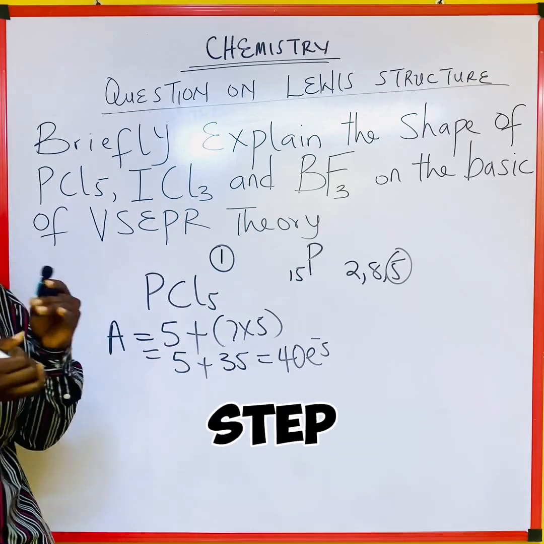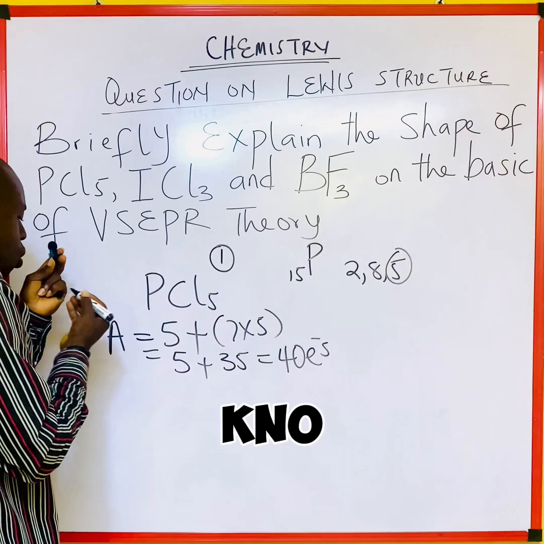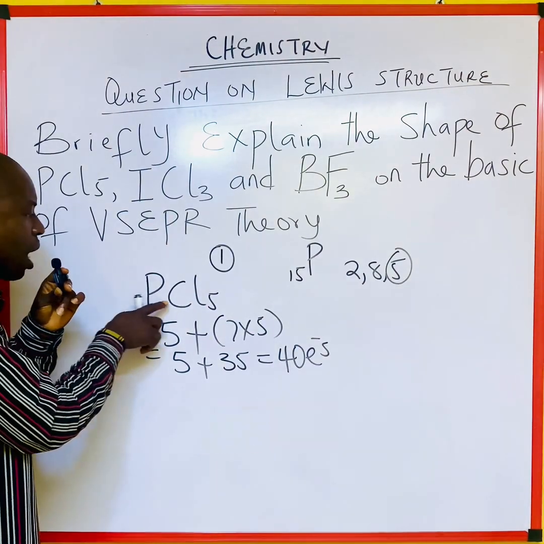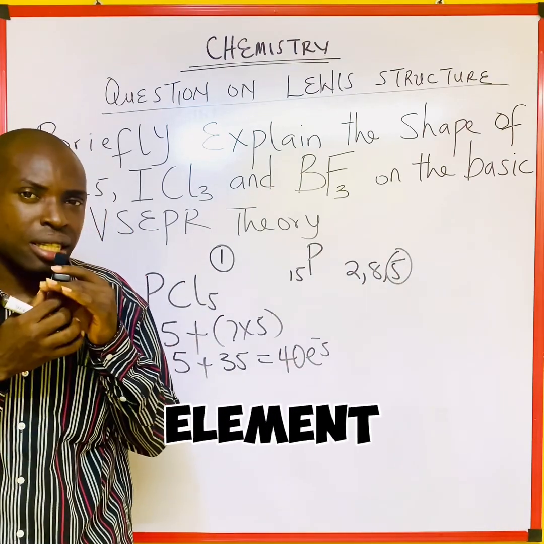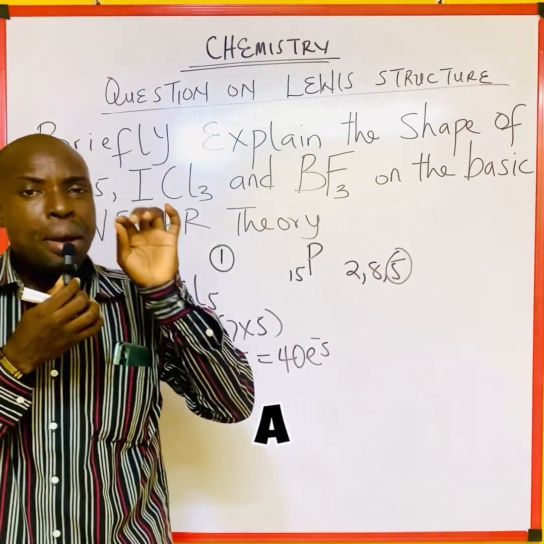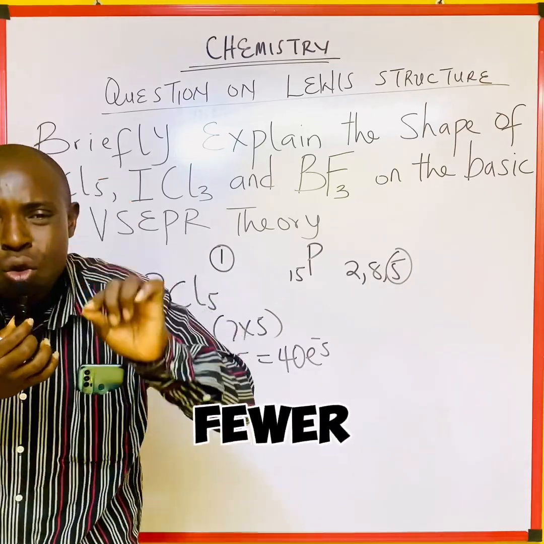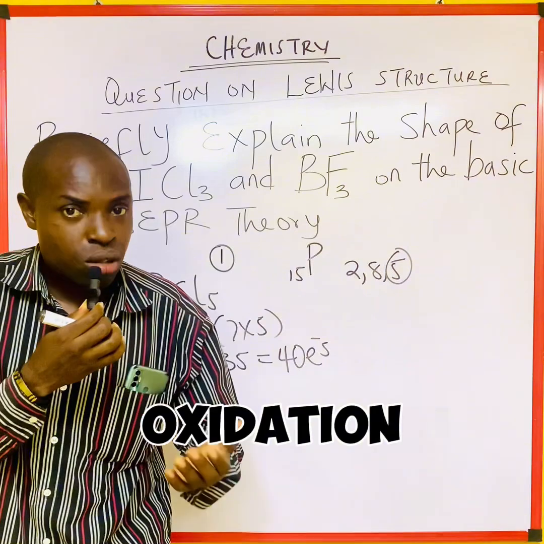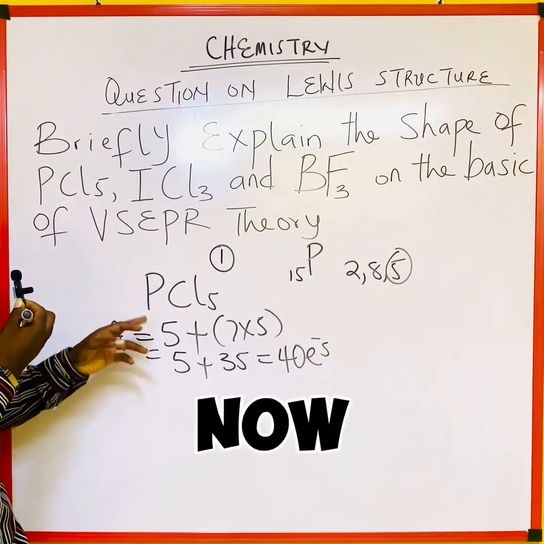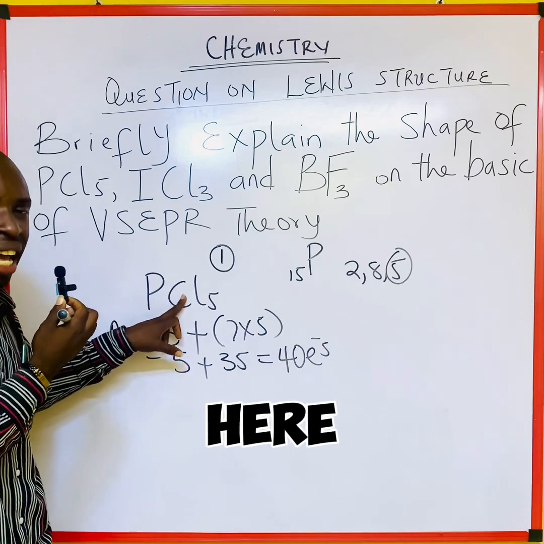The next step is to know between phosphorus and chlorine which should be my parent element. A parent element is the element that is fewer in number or that has the highest oxidation state. In this case, phosphorus is 1, chlorine is 5 atoms.